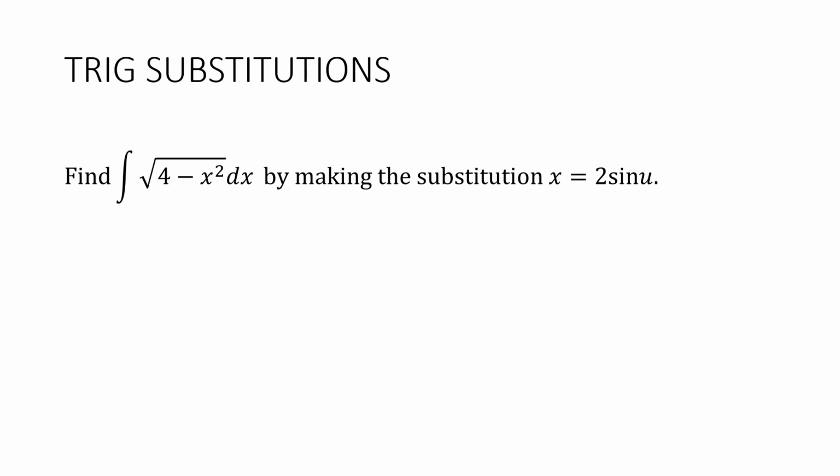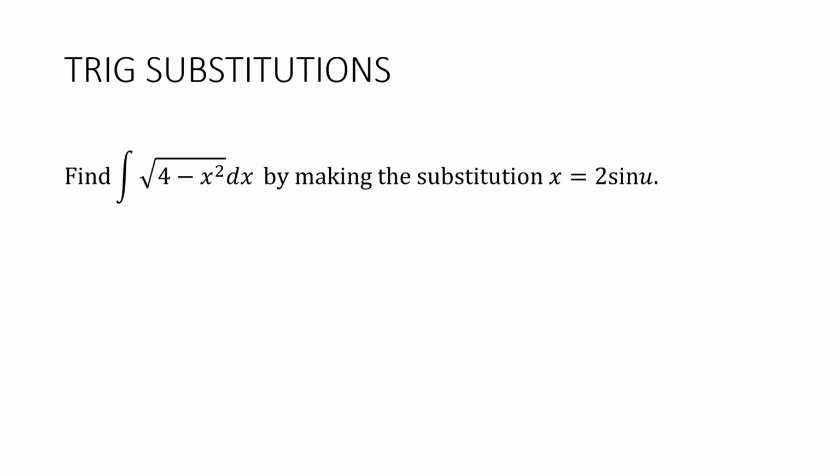Now there are other types of trig substitutions that you can do, like this question. Find the integral of the square root of 4 minus x squared dx by making the substitution x equals 2 sine u. Now you can see it's a little bit different to what we've been doing. Normally we've substituted u equals some sort of function of x.